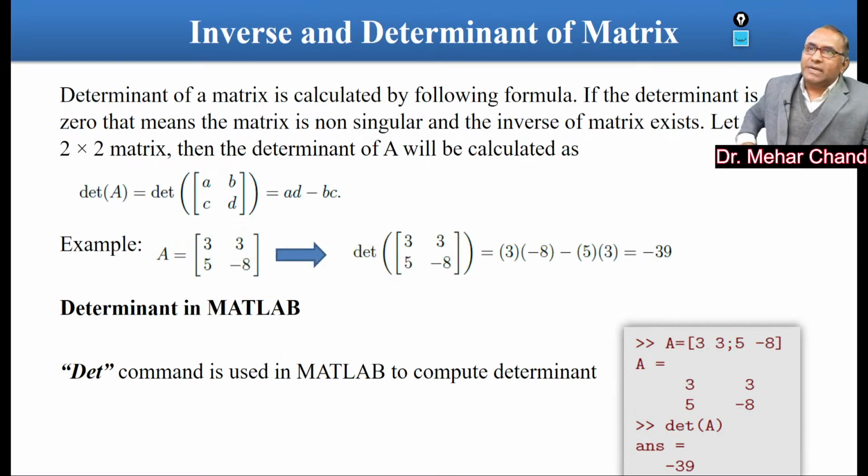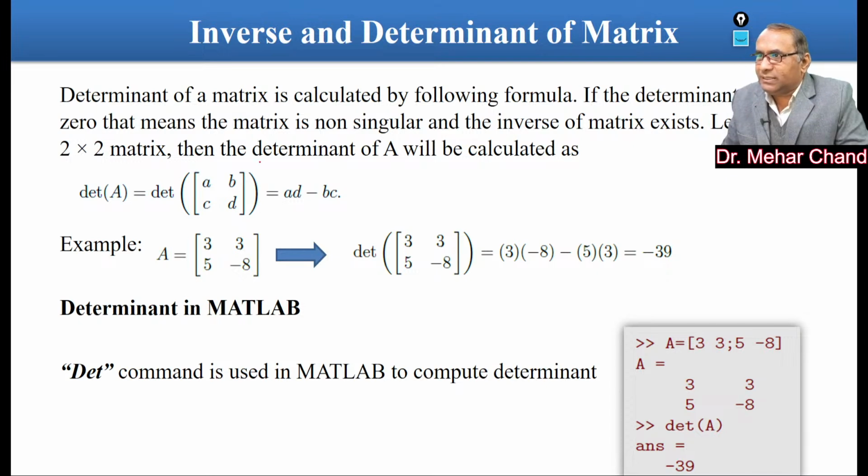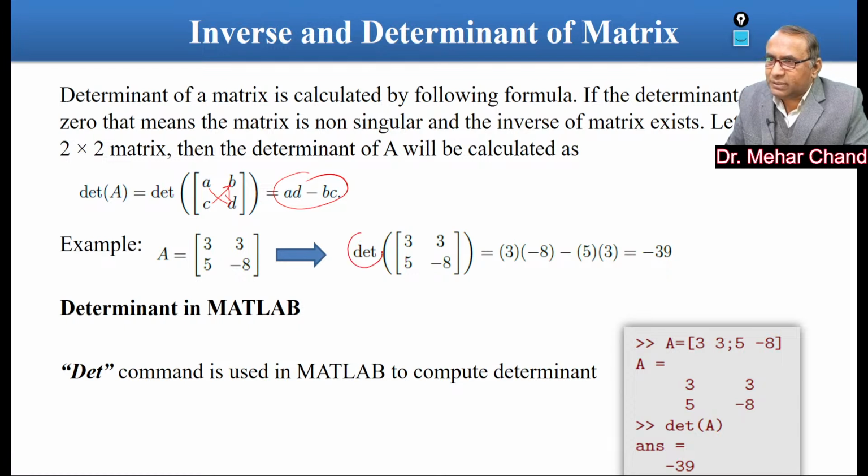For the inverse and determinant of a matrix, this is also a quite interesting part. The determinant of a matrix is AD minus BC. In MATLAB we have a function to get the determinant. So the determinant of the matrix we have is equal to minus 39.